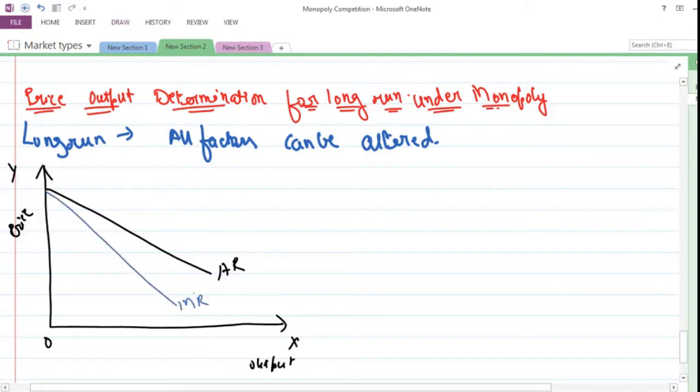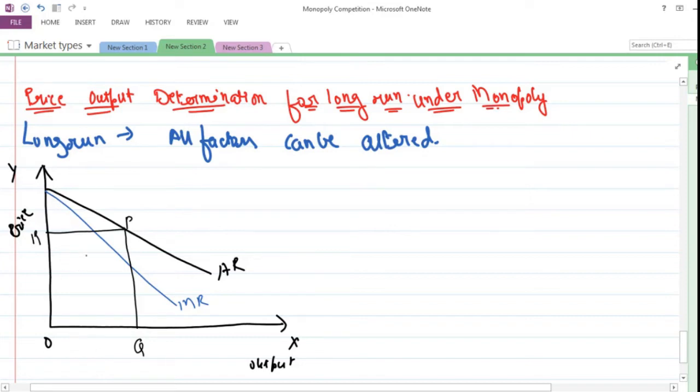As we see, AR is lying above MR. The price that is determined in this case is this. This is the quantity which is produced and this is the price that is determined, that is OR is the price and OQ is the quantity.